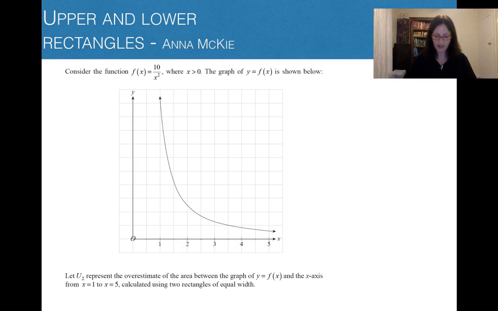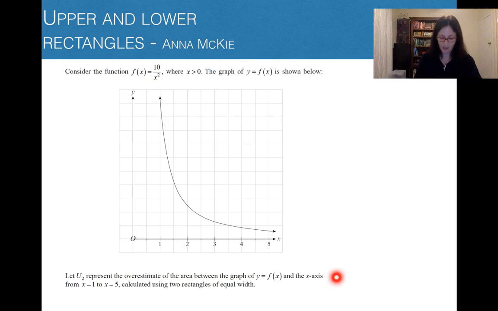If you get a question like this, it's a past exam question. Considering a function here, 10 on x squared, here's the graph. Now notice that this one's not only decreasing, but you'll notice something with how the rectangles fall. So you'll often get asked to draw on the upper and the lower rectangles.